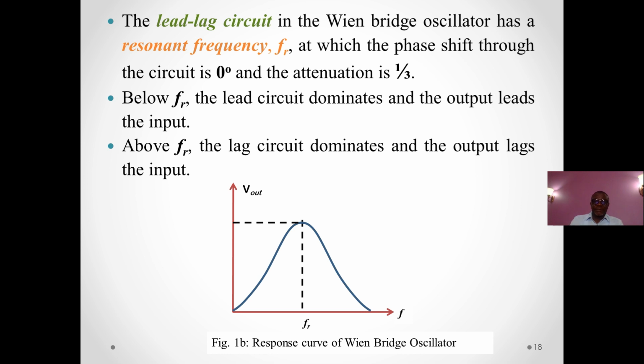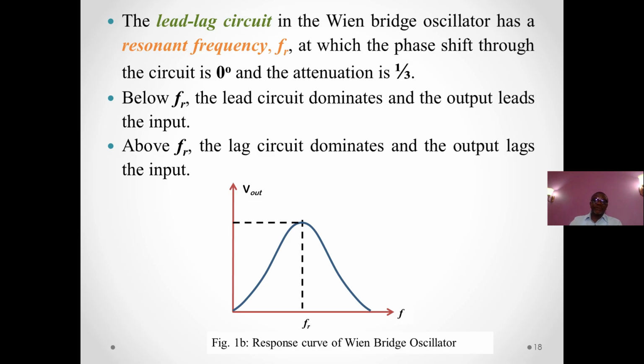After that point, the reactance of the lag circuit takes over. When it takes over, the voltage continues to drop until it gets to the 0 level. Then at that point, the net phase shift between the lead and the lag circuit becomes 0 again.